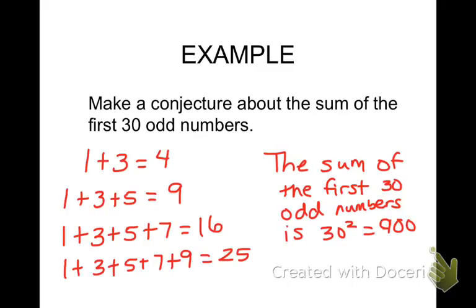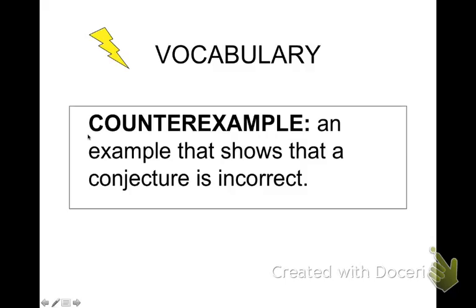So we've talked about patterns. When we find a pattern, we make a conjecture. And sometimes when we look at something, we might want to try to find a counterexample. A counterexample is exactly what it sounds like, an example that counters something.